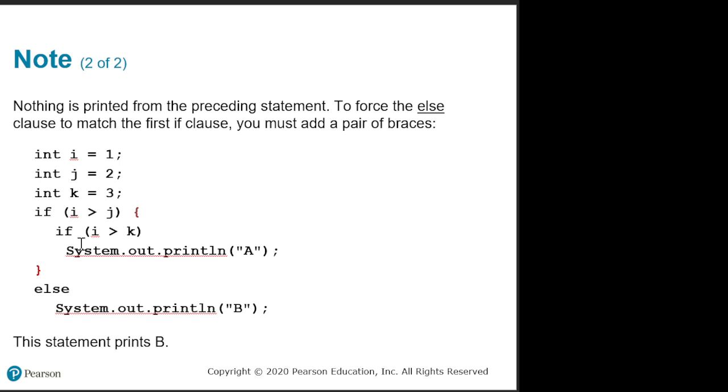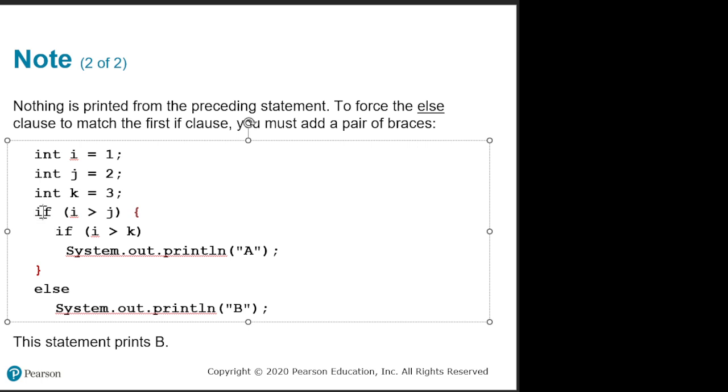So if we want this else to be locked to this if, we lock away this other if inside of the braces. And we can kind of think of this as what we're going to find out is some things are local and global. And every time you set a set of braces up, you're containing a set of code that is at a different level than the code before those braces.